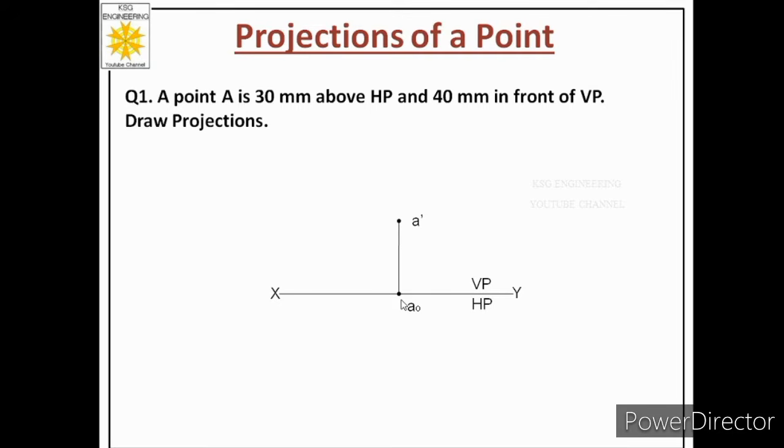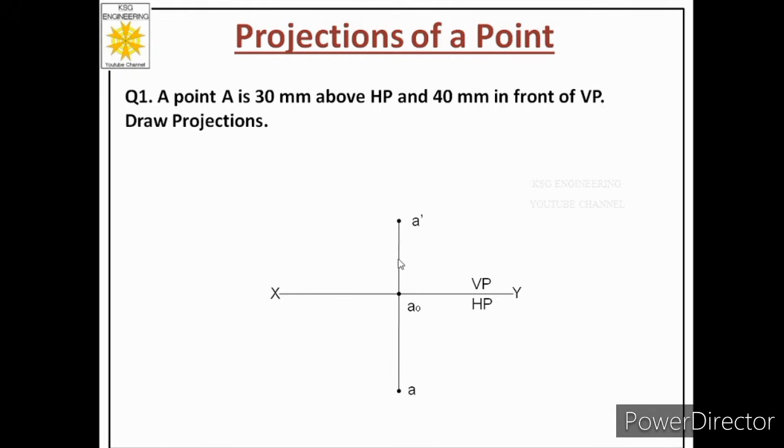So from reference point, we will align our scale with this vertical line, and from reference point we will measure 40 millimeters and we will draw a continuous thin line, and we'll make the end of this line bold to show the top view of the point, and we label top view of the point with small letter only. So name of the point over here is A, so we are labeling it as small letter a. Now we are ready with front view and top view of this point. Now after that we have to place dimensions.